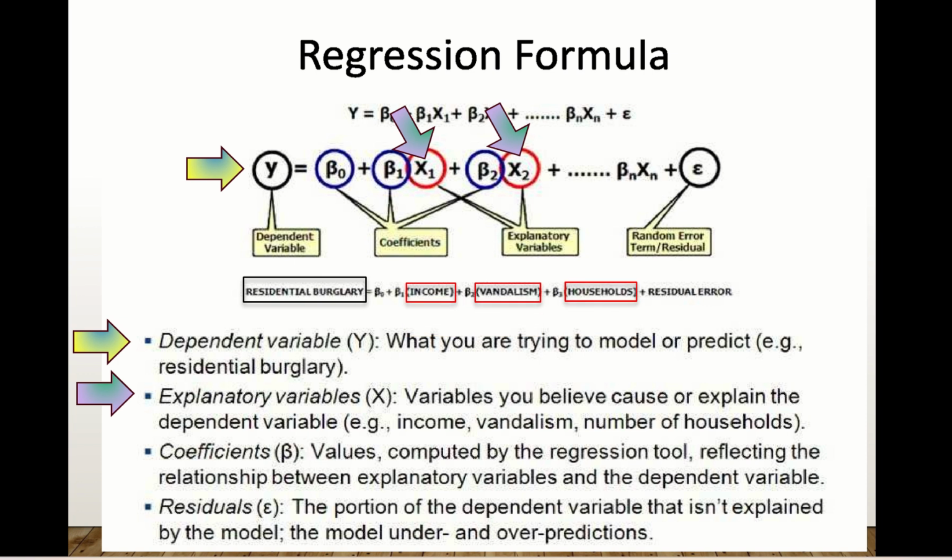So in this case, our model is going to be looking at the independent variables of income, vandalism, and households to try to predict or estimate the frequency of residential burglaries. And how those x variables are related to y is going to be given by the coefficients. And then the amount of error or uncertainty in our model is going to be quantified by this residual or error term.